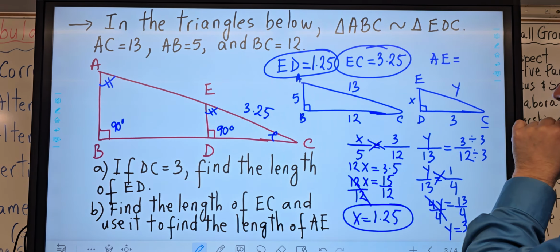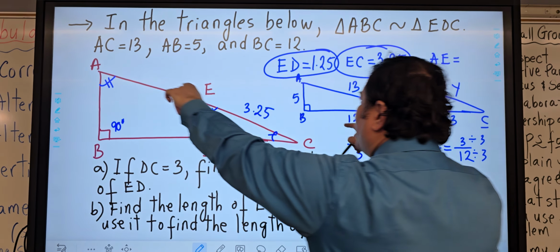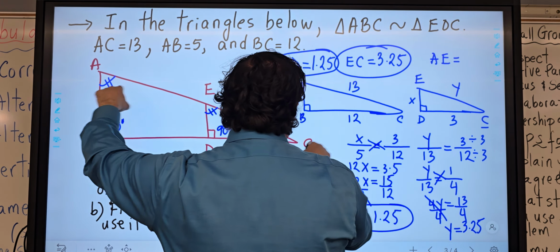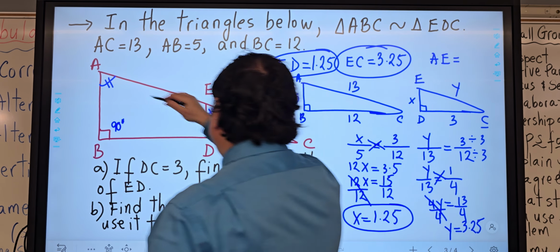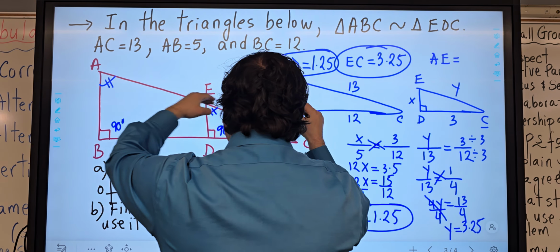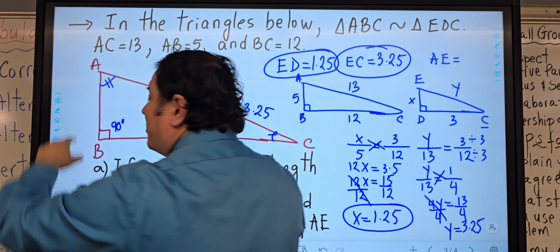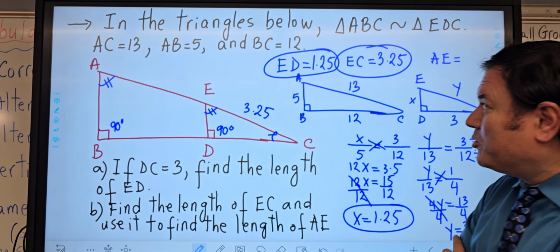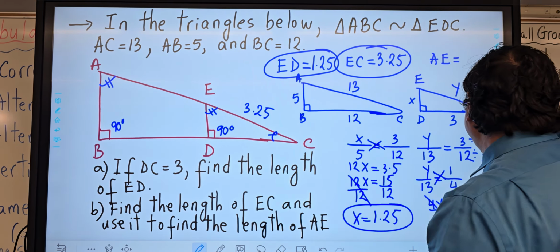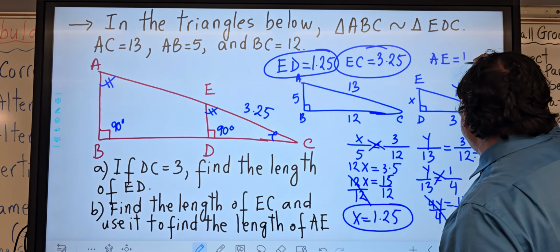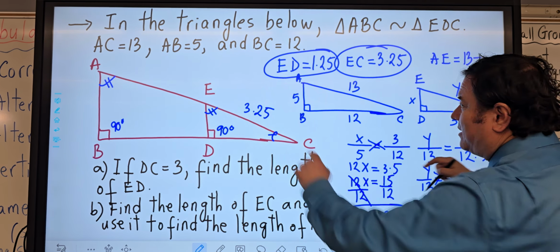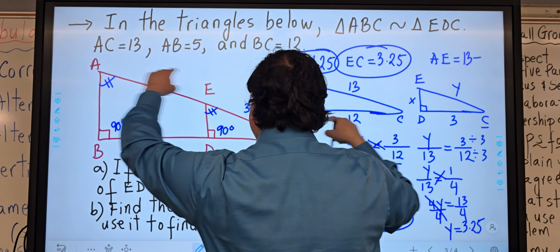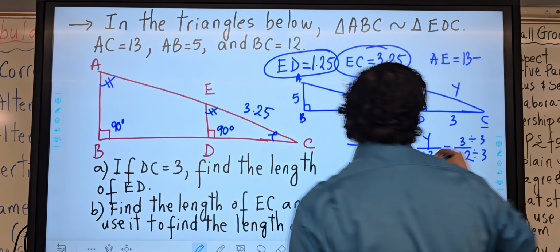And we also know that AC, the entire side here, equals 13. So the entire side is 13, and this is 3.25. So AE would be what? 13 minus 3.25, right? AE should equal 13 minus 3.25.